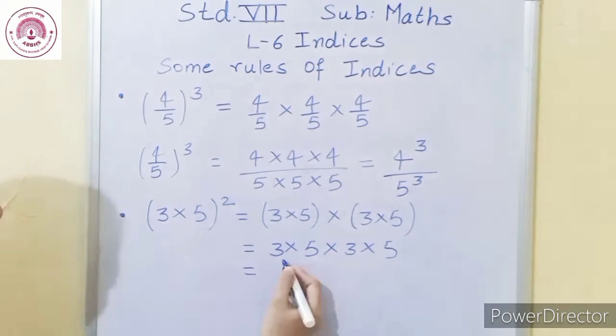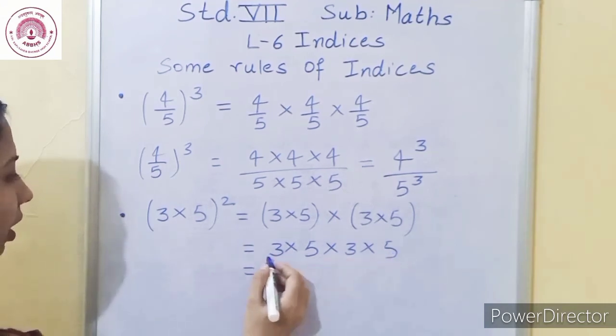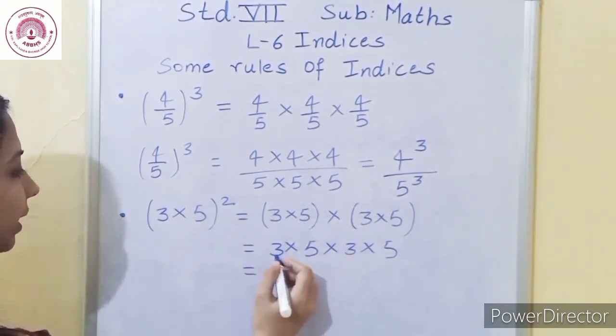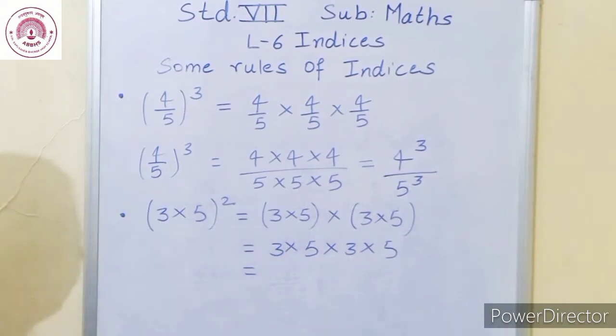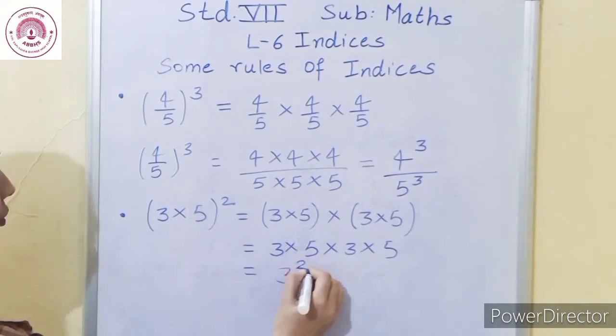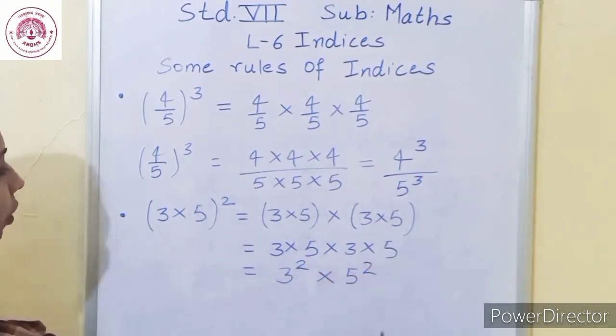There is 3 two times; 3 is multiplied by itself 2 times. So it can be written as 3 raised to the power 2 multiplied by 5 raised to the power 2.